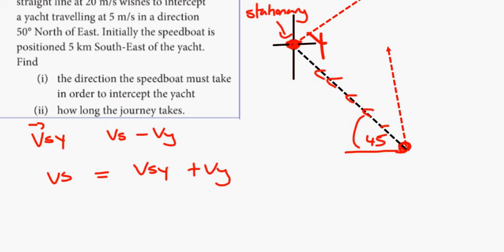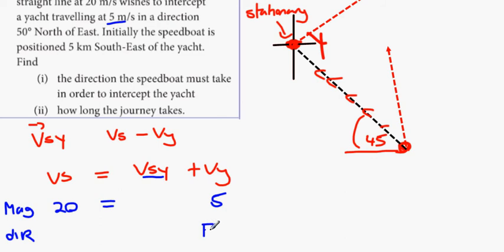Now let's make a list of what we know. We know the magnitude, and do we know the direction? The magnitude of Vs, how fast the speedboat can go, is 20 meters per second. Vsy we don't know. The velocity of the yacht Vy we know is 5 meters per second, going in a direction 50 degrees north of east.